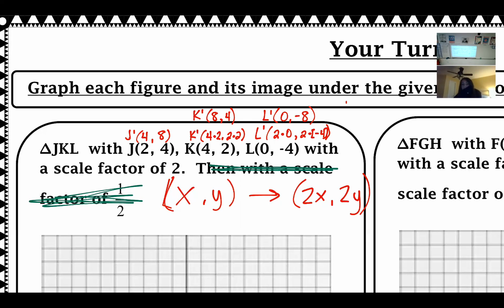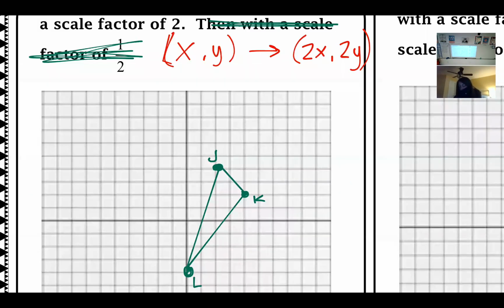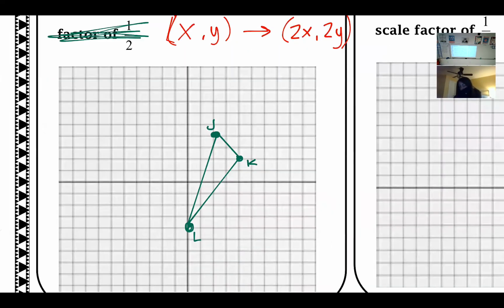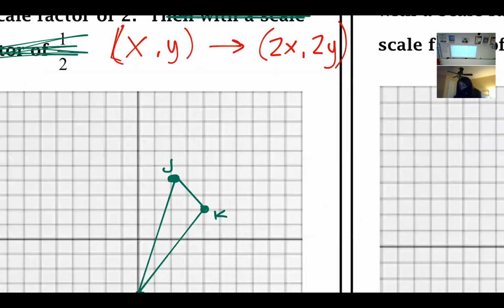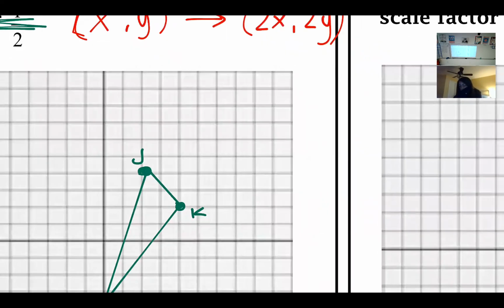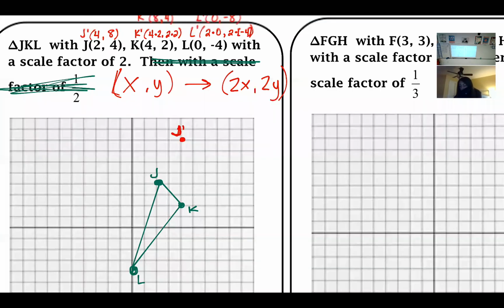So we can go ahead and graph our image now. And you guys said enlargement, so let's see if we were correct. So we got 4, 8. I'm definitely going to mess this up, so I'll just make sure I'm on the right path. J prime. And then K prime is 8, 4.